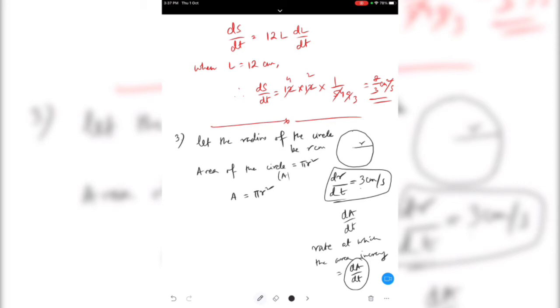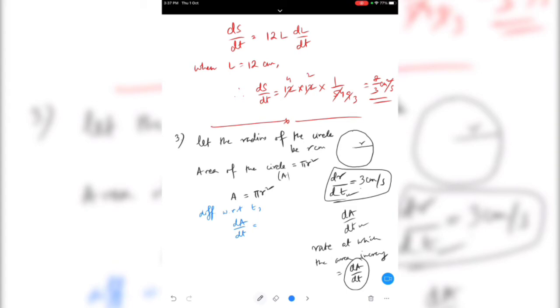Now look here, dr/dt is given, dA/dt we have to find. So obviously we have to differentiate with respect to time. Differentiating with respect to time, differentiation of A will be dA/dt. And differentiation of pi r square, tell me the complete thing.